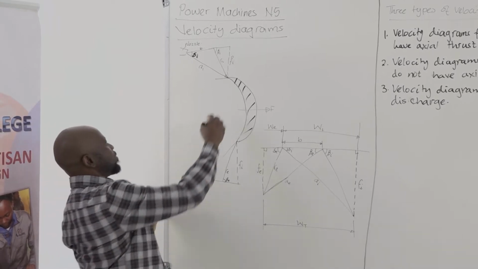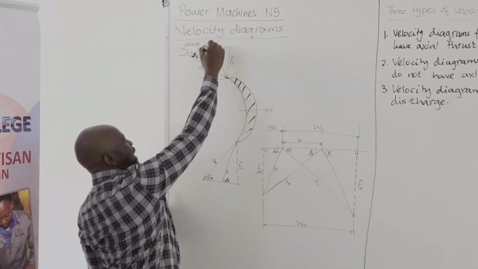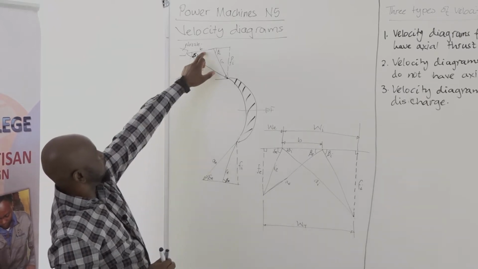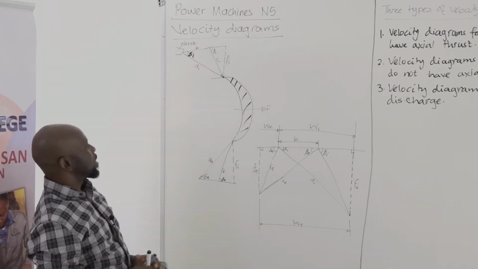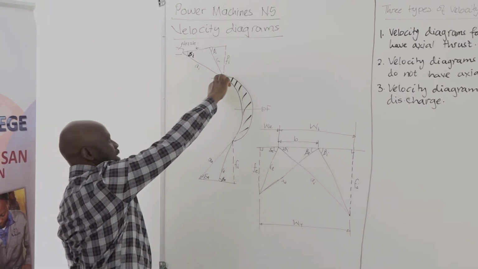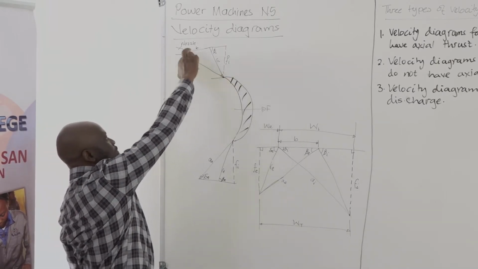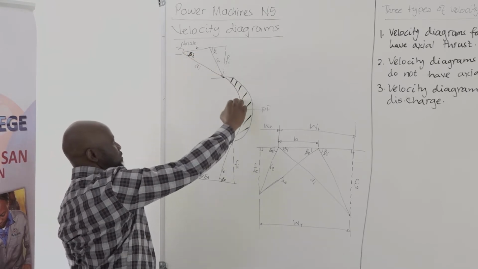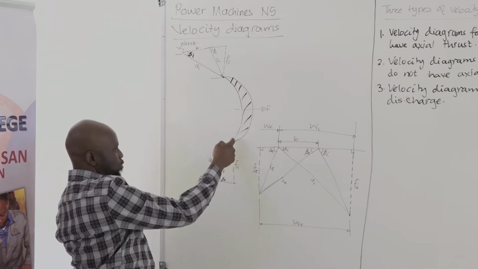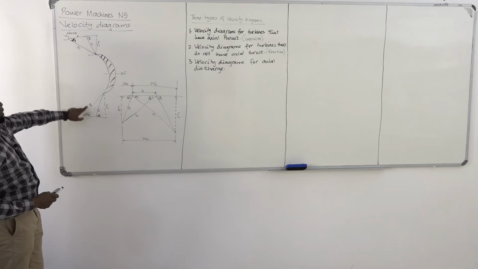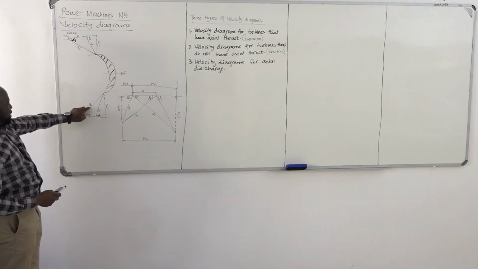The angle of the blade will be beta I. The speed of the blade will be B. So the steam goes into the turbine blade at an angle of delta I and at a speed of AI. It glides through the blade and goes out at an angle of delta E and a speed of AE.